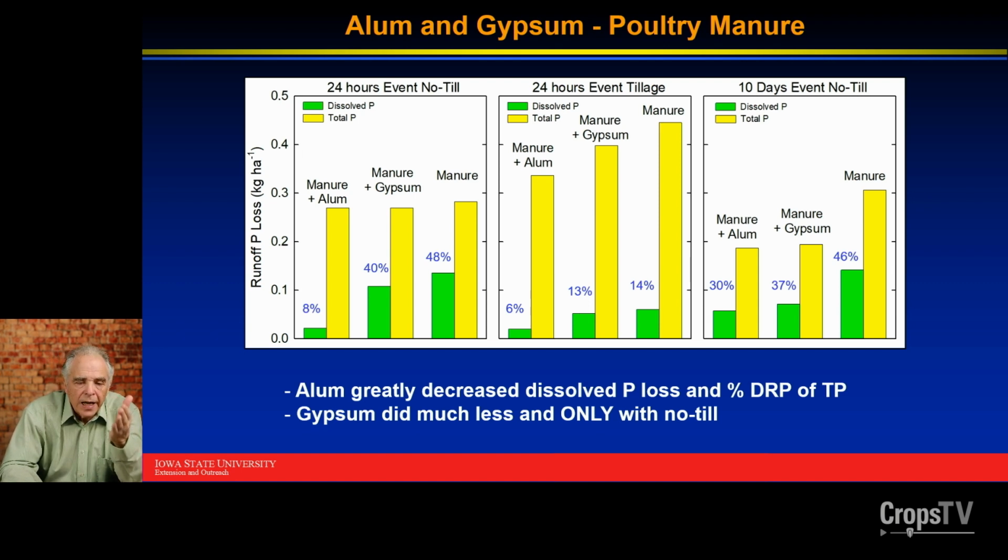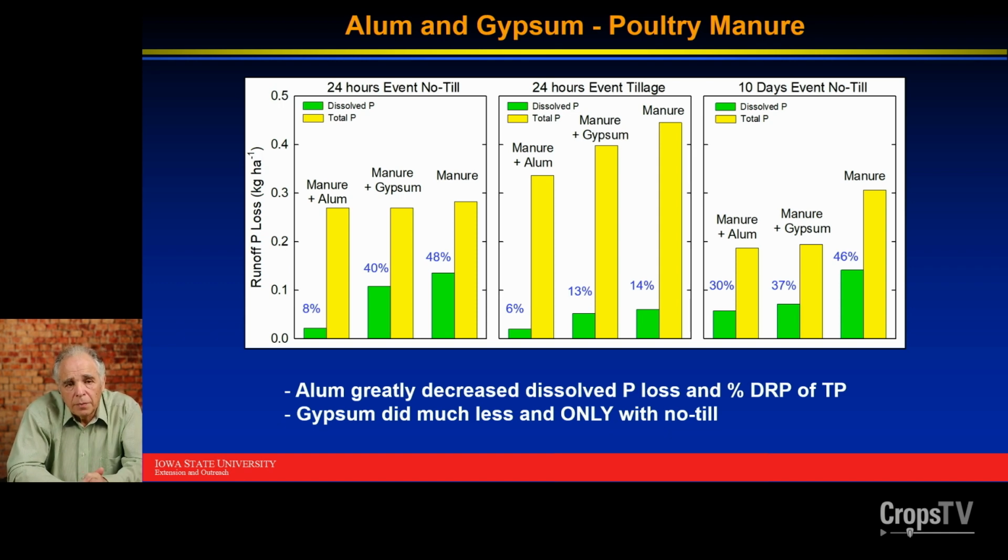On the left, we show results for the 24-hour rainfall with no till. In the center, the 24-hour with tillage, and on the right, delay of 10 days with no till. The yellow is the total P, the green is the dissolved P in all the charts, and the blue numbers on top of the green bars is the proportion of dissolved P of the total P.